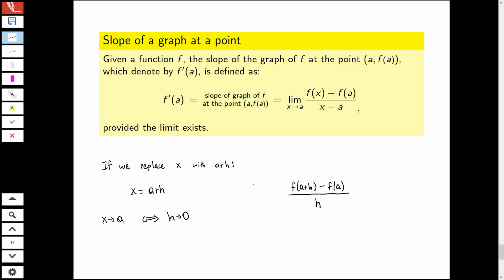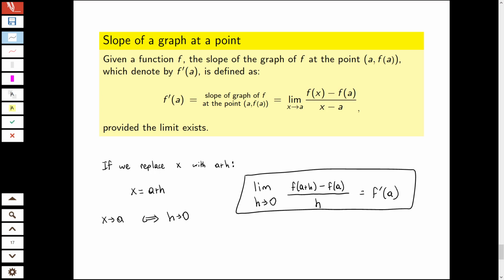So instead of writing the limit as x approaches a, we could write it as the limit as h approaches 0. And this gives us an alternative, also equivalent definition for f prime of a. So you'll actually probably see both formulas when you're studying calculus class.